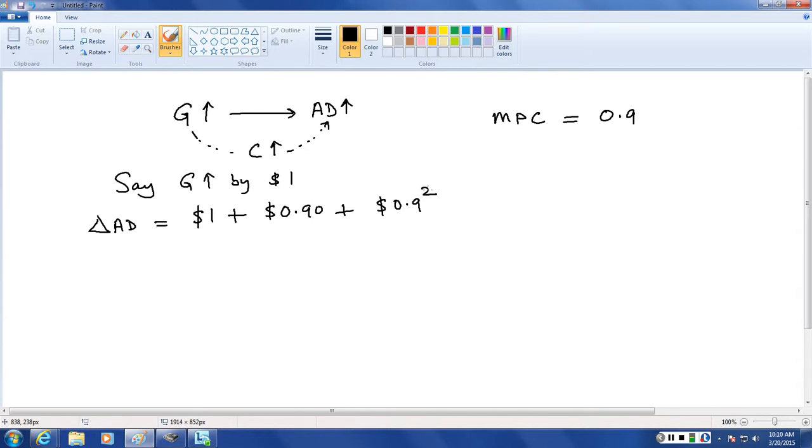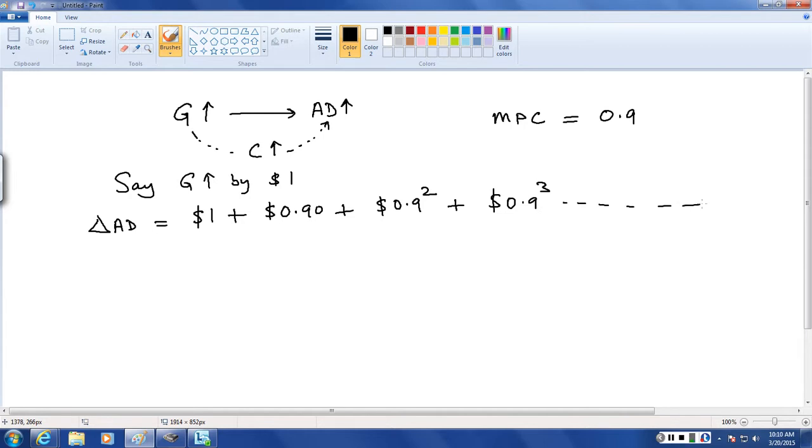Correct? And then there will be a further increase after that because the butcher will buy something else from somebody else. The increase in the butcher's income is 81 cents, correct? But he will spend the MPC part of that increase on, let's say, produce. And so you have a further increase then. And this goes on forever.